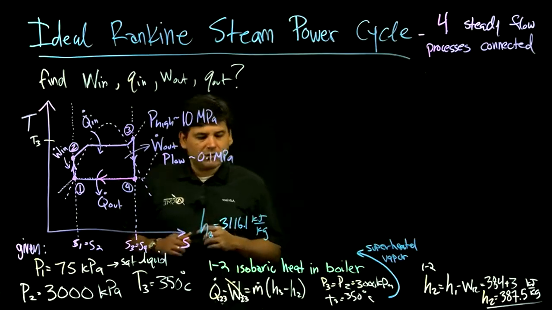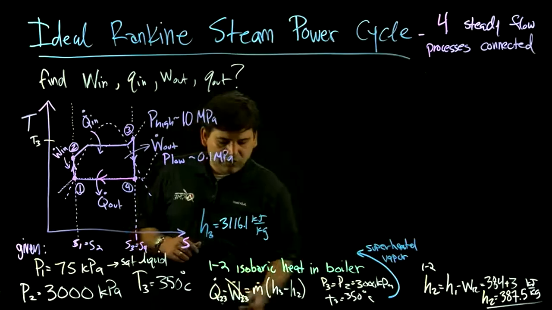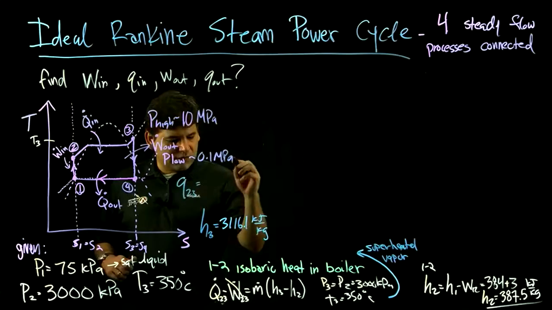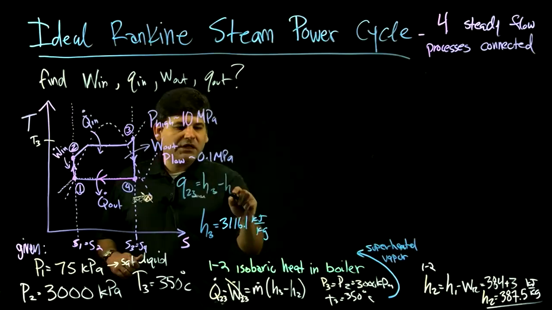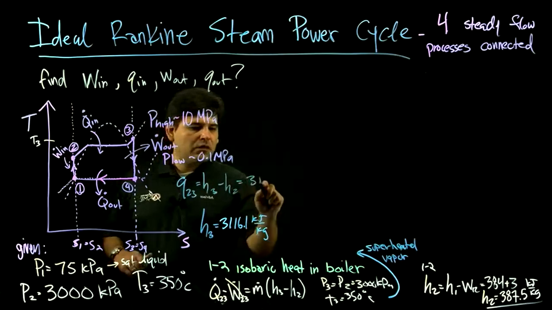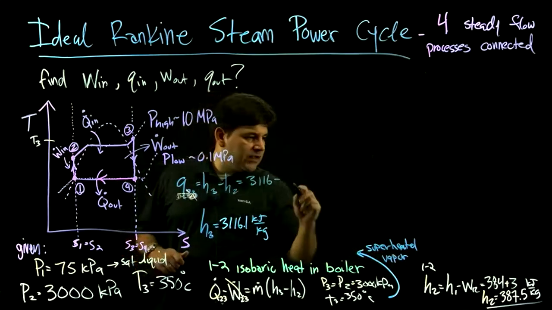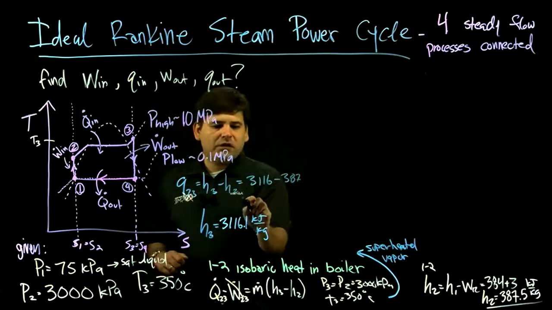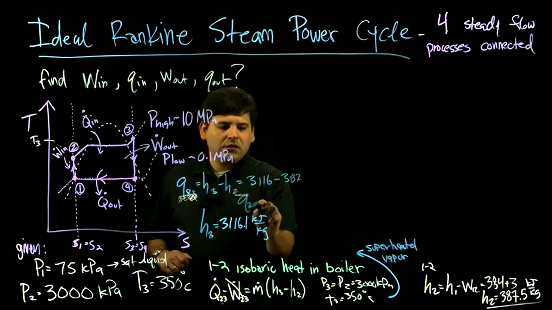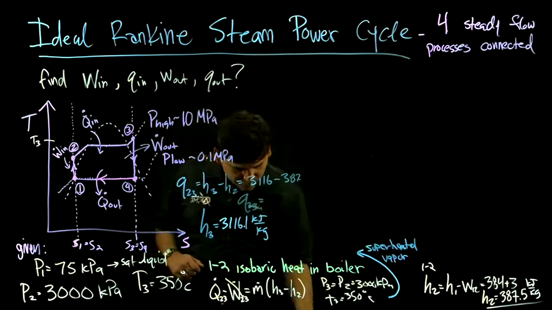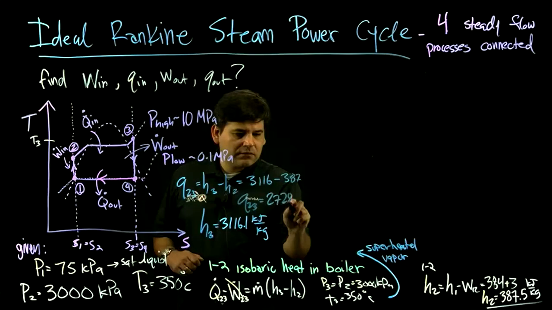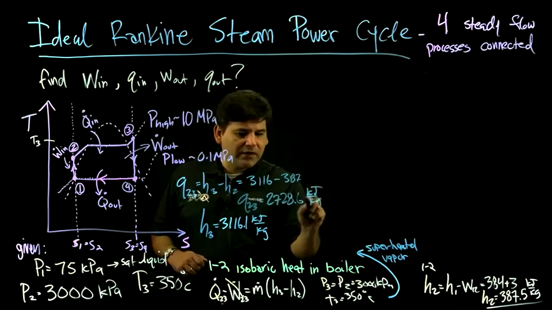So that will give us Q3. So Q from 2 to 3 equals H3 minus H2, which is 3116 minus 387.5. I didn't round those off here, but I have a rounded one here: 2728.6 kilojoules per kilogram.